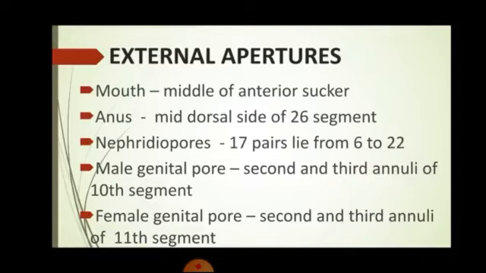So the male and female genital pore locations are mid-ventral, but the male genital pore is located in the 10th segment, whereas the female genital pore is located in the 11th segment. Both lie between the second and the third annuli, but the male in the 10th segment and the female in the 11th segment.